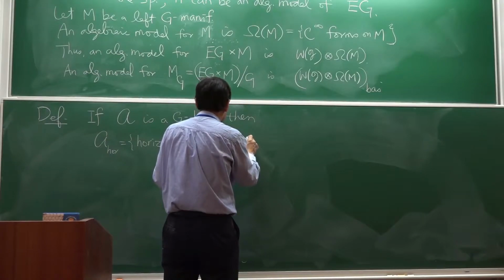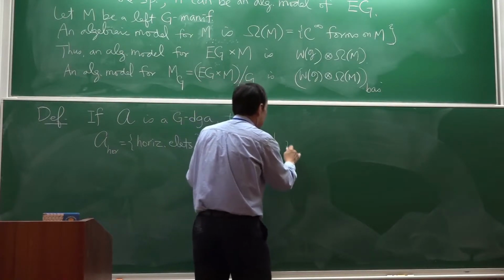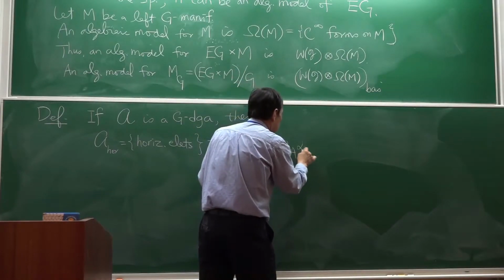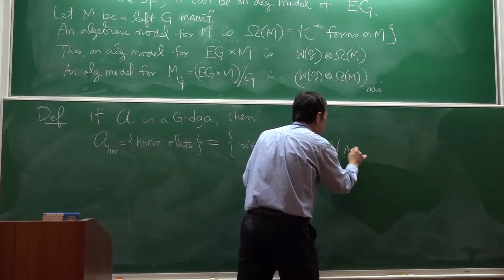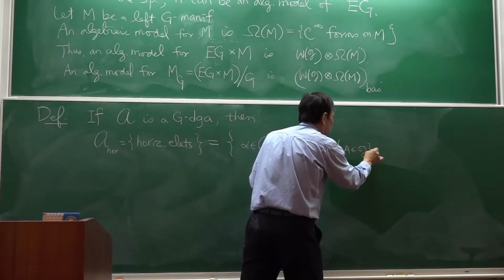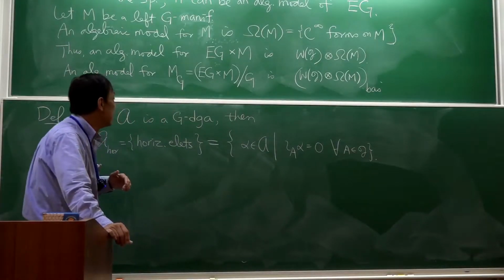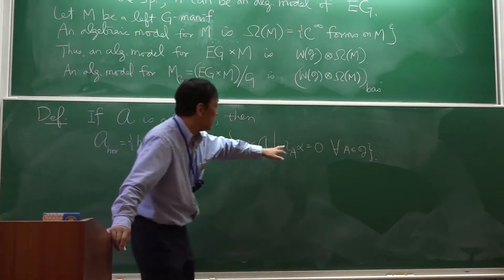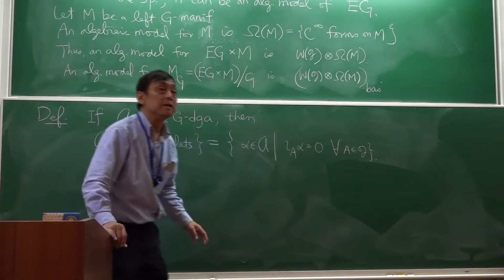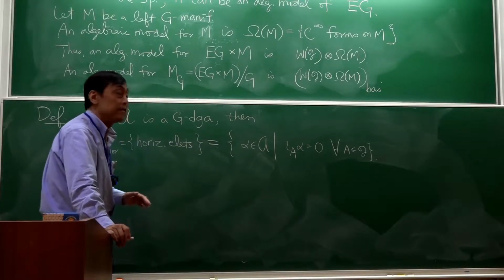So it's the set of all alpha in A such that IA of alpha equals 0 for all A in the Lie algebra. If it's a G differential graded algebra, then it has interior multiplication. And so horizontal elements make sense.